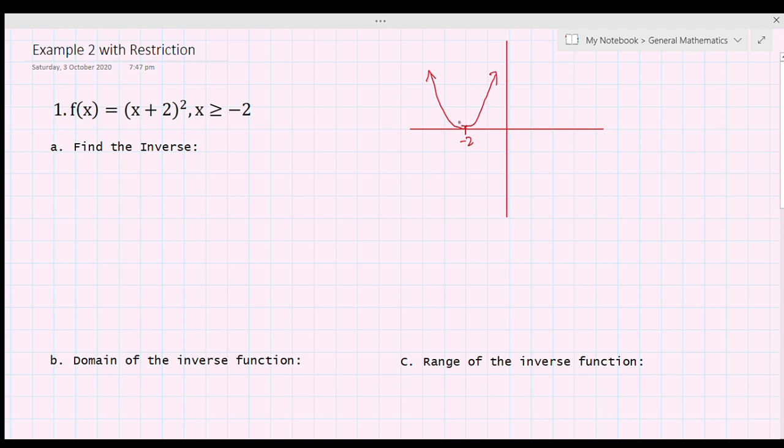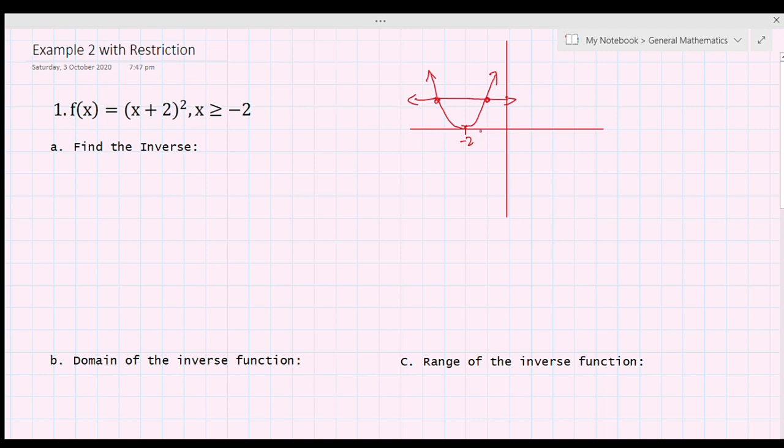As you can see, as we use the horizontal line test, we have 2 points of intersection. So nag-cross yung horizontal line dito sa 2 points of the solution of this f of x.